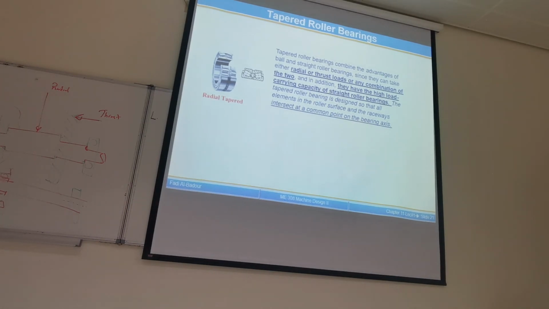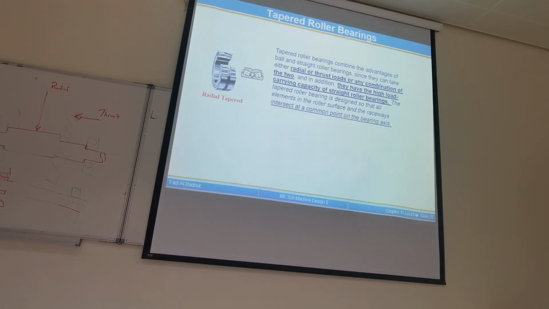So now if I have combined load, this is radial load and thrust load, can the bearing carry it? The answer is no. Or yes? What do you think? Yes, because the combined load would be perpendicular to the surface, so it's still on the surface of rolling.